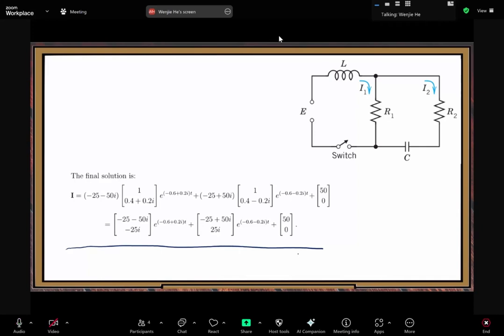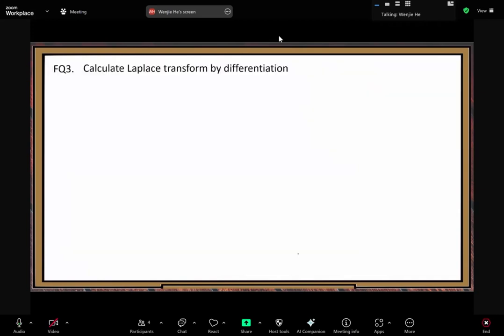Computation is not our main focus; we can always rely on computer software. I try to reduce the computation burden as much as I can. So that's the second sample question.